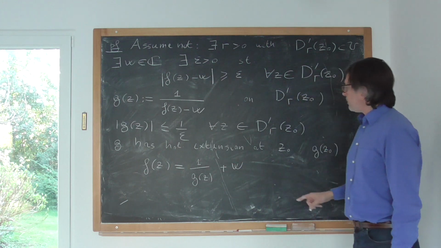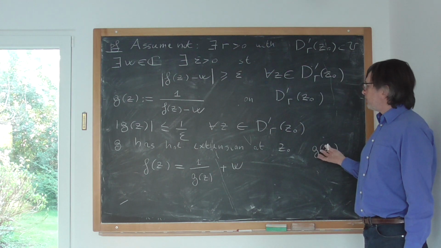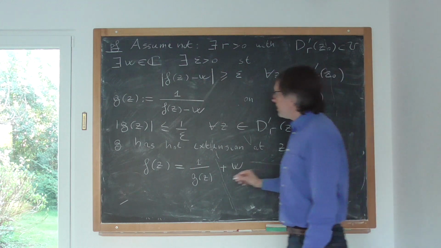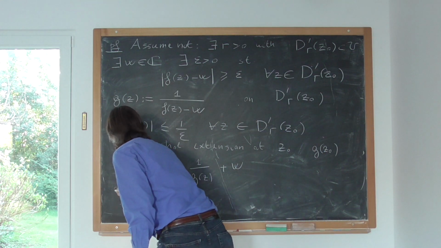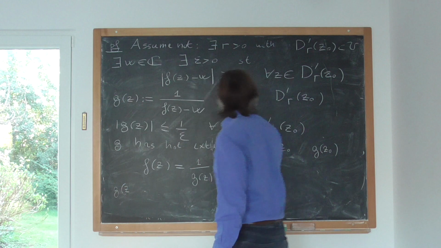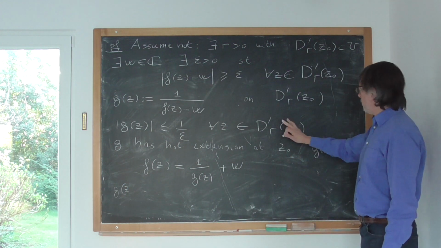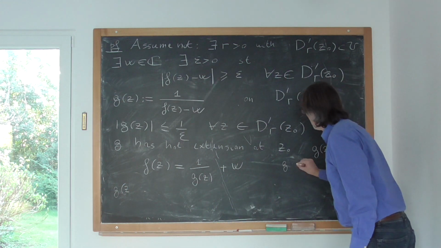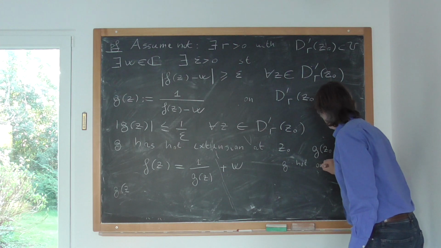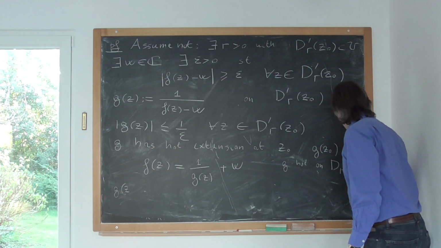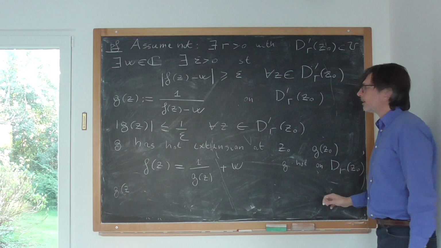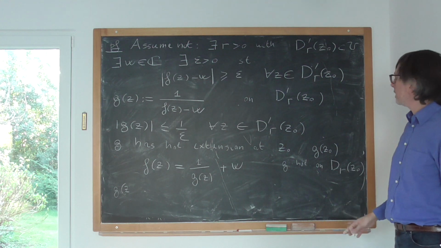And now we look at this expression. So now we have two possibilities. Either, we said G is now holomorphic on the whole disk D_r(Z0). Okay, we have removed the singularity.